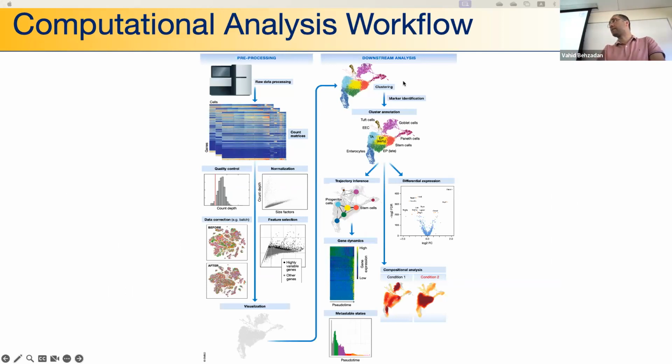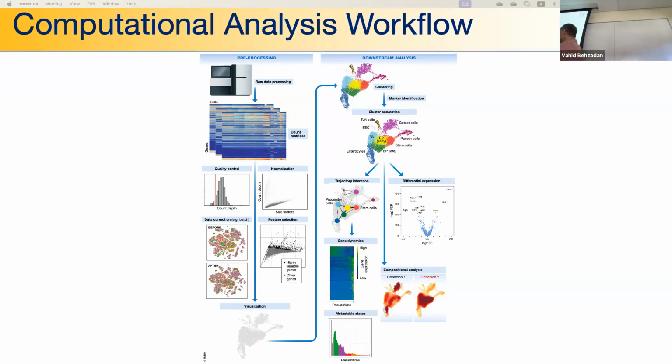So every downstream analysis has its own goal. Clustering you can use to identify or differentiate between the different cell types in your sample, right? And perform differential gene expression to identify genes that are more expressed in one cell type than others. There's also the dynamics, how the gene expression changes over time for specific samples.